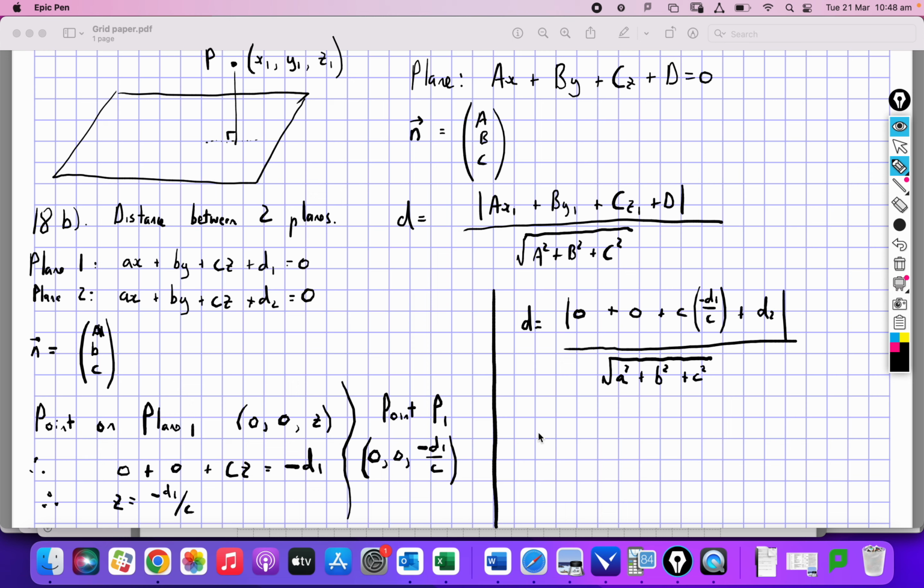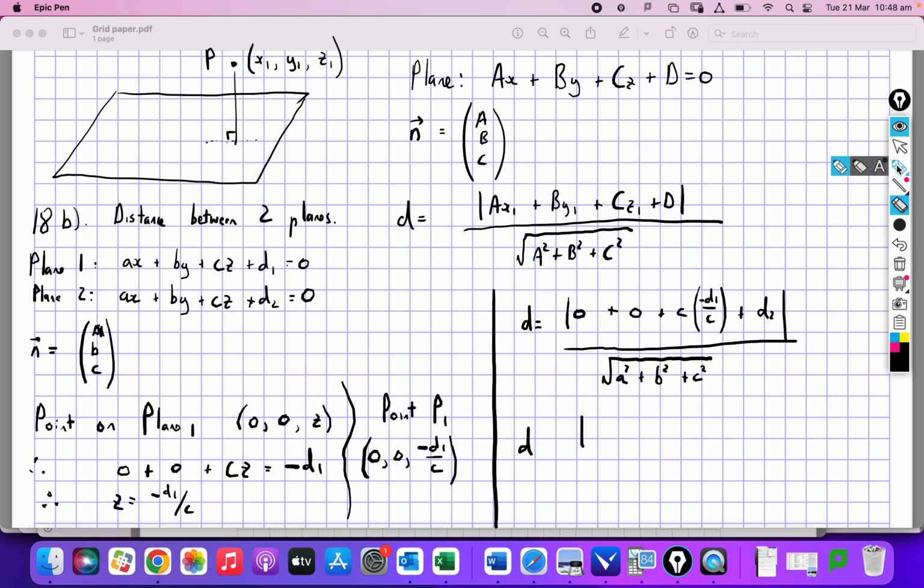Now, if you look at what's left up the top, you're going to get the modulus. So in this numerator here, you're going to get the modulus of minus d1 plus d2, which is probably nicer to write as d2 minus d1.